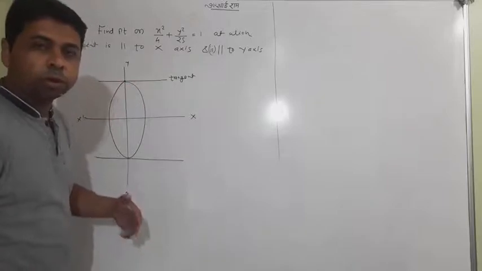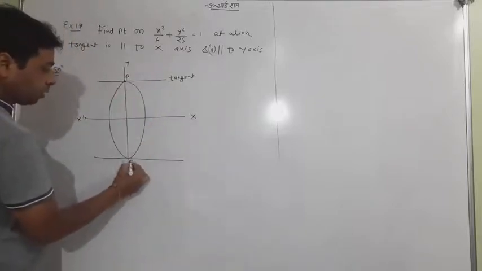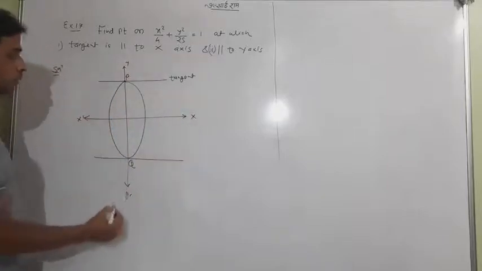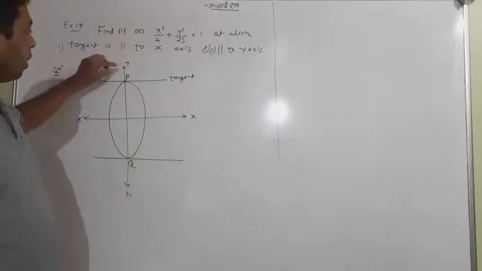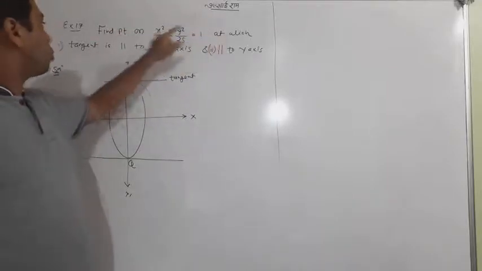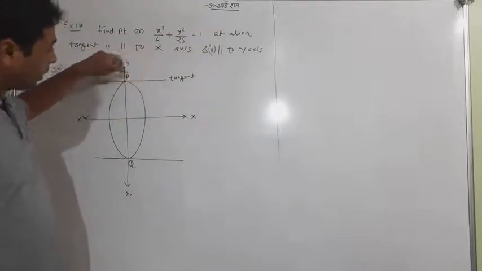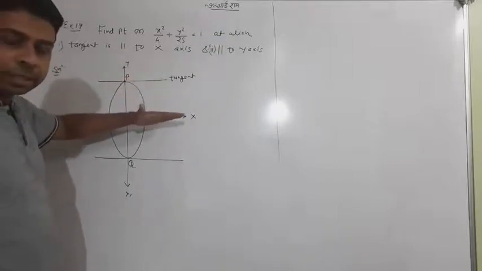We will do the work on a single tangent, this one. This is the point of contact. This is the axis. So we want to find the point at which the tangent is parallel to the x-axis. You understand that we have to find this point of contact at which the drawn tangent is parallel to the x-axis.